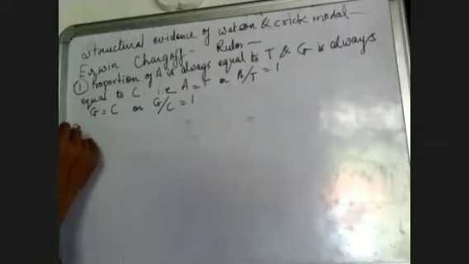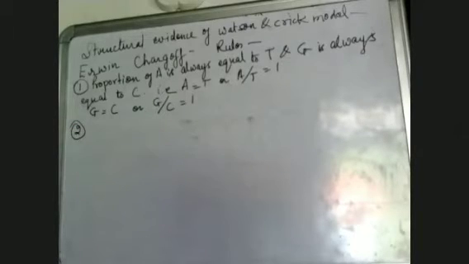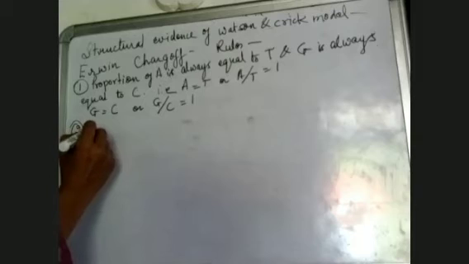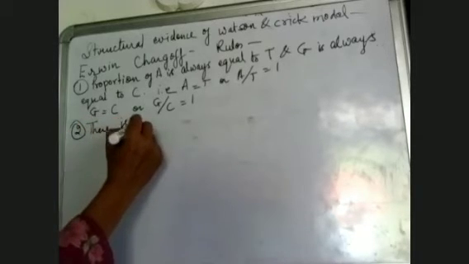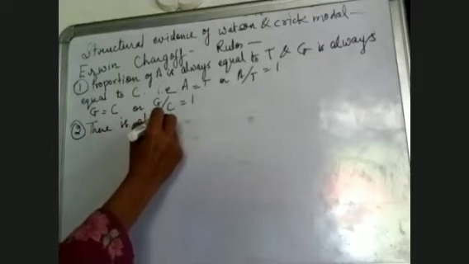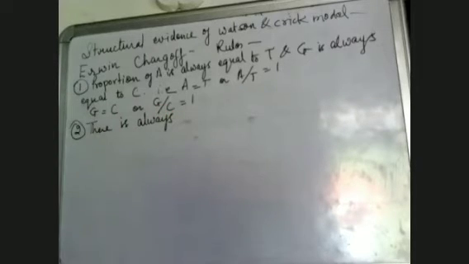The second rule he said was that there is always an equal proportion of purines. Purines are A and G, which are dicyclic compounds. The proportion of purines is always equal to the proportion of pyrimidines.